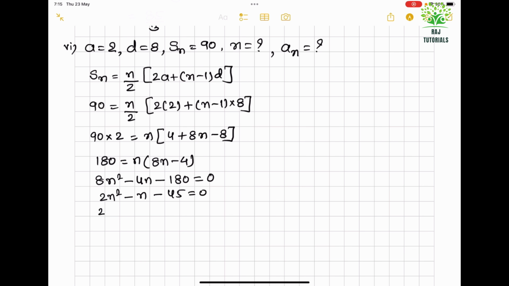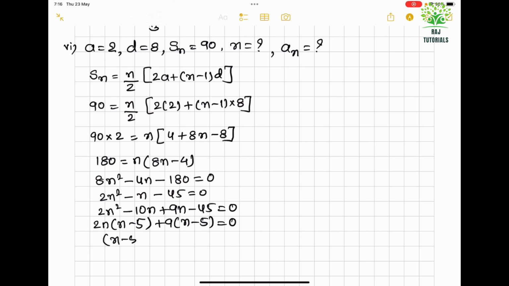So 10 and 9. So 2n square minus 10n plus 9n minus 45 equal to 0. So 2n into n minus 5 plus 9 into n minus 5 equal to 0.